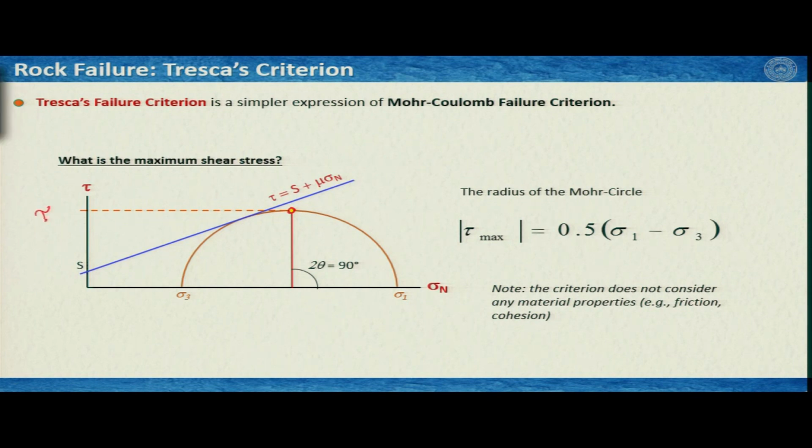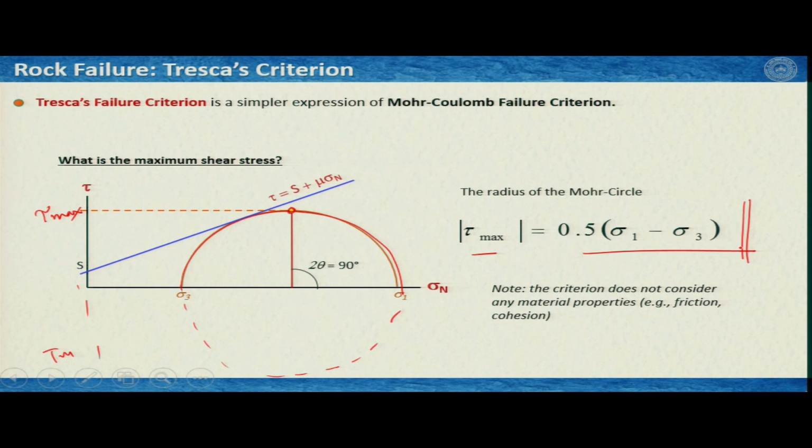So, this is tau max, and if we are on the negative side, then this would be your tau max here somewhere. And it is simply the radius of the Mohr circle. Therefore, tau max is expressed as half of sigma 1 minus sigma 3.